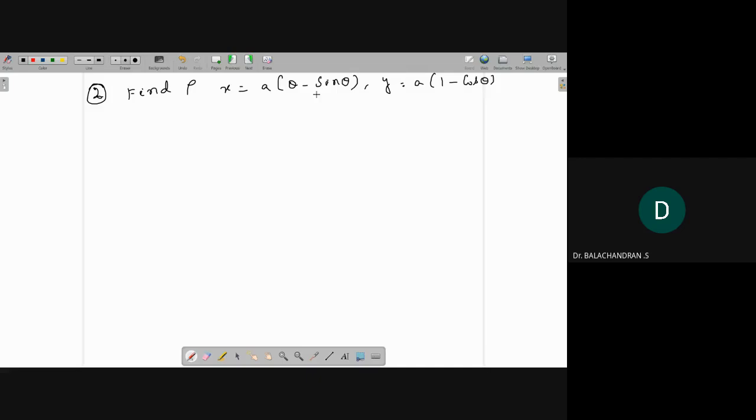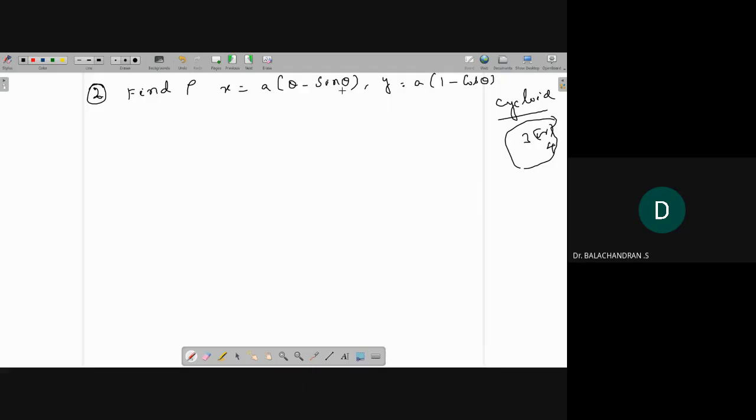Actually, this equation is called cycloid. There are, I think, 3 or 4 types of cycloid. I don't know exactly the number of cycloids, either 3 or 4. Please check on the net how many cycloids are available, and find out those equations. Maybe that is useful for your engineering drawing. So this is one of the cycloid equations.